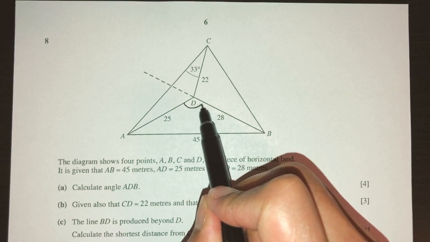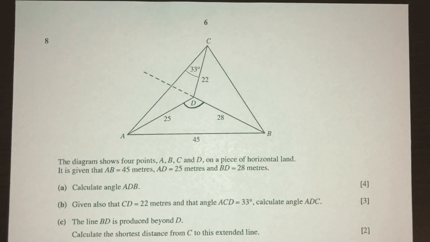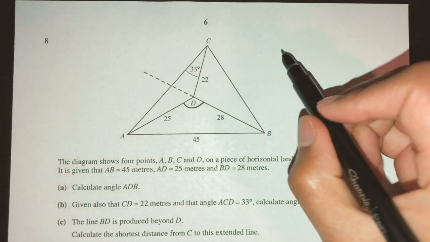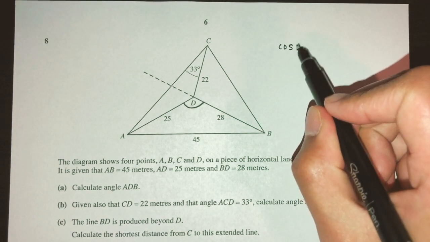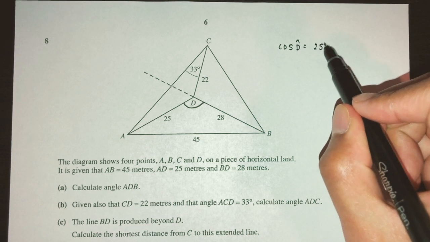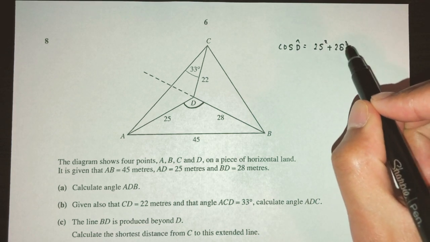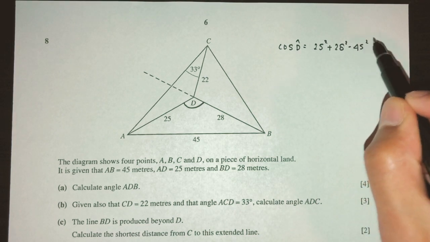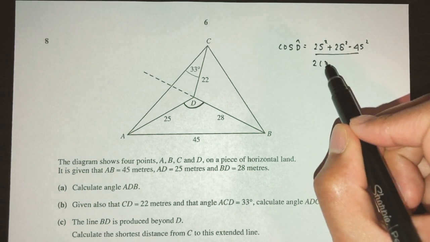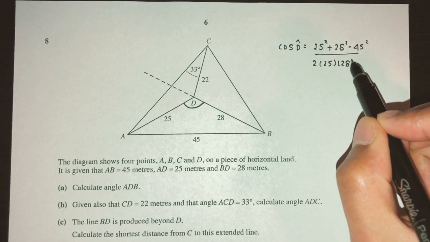Okay. So to find this angle, because we know all the sides of the triangle already, we have to use the cosine rule. So cosine of the angle D is equal to 25 squared plus 28 squared minus 45 squared, divided by 2 times 25 times 28.